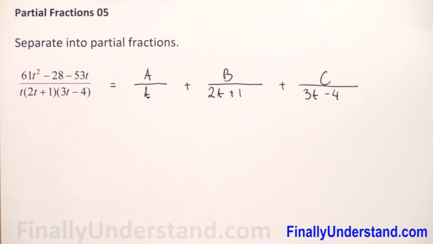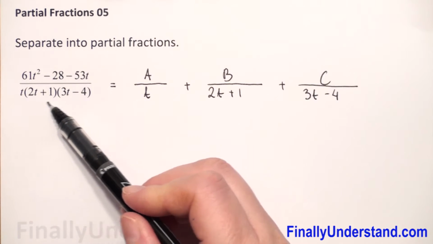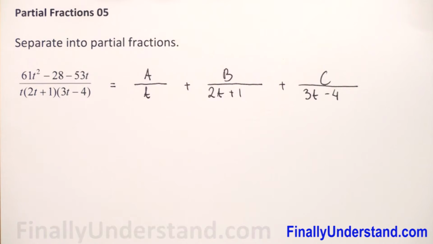So first, to get rid of denominators, we will multiply both sides of our equation by the lowest common denominator. The lowest common denominator is always the denominator of our original fraction. So let me copy this whole example one more time.